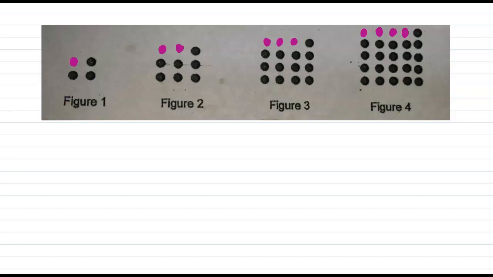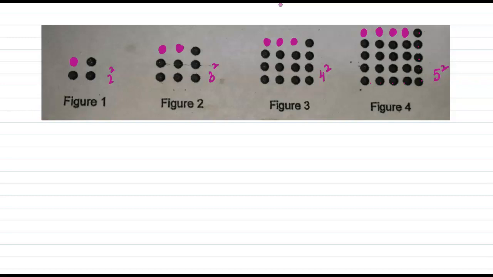Now I can see this is 2 square, this is 3 square, this is 4 square after I have added the big dots, and this is 5 square. 1, 2, 3, 4, 5. 1, 2, 3, 4, 5.